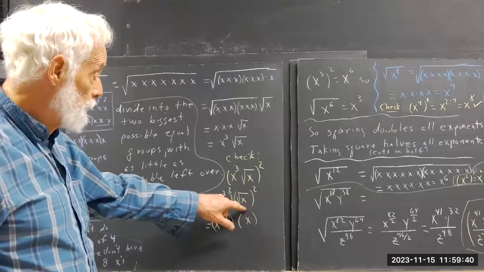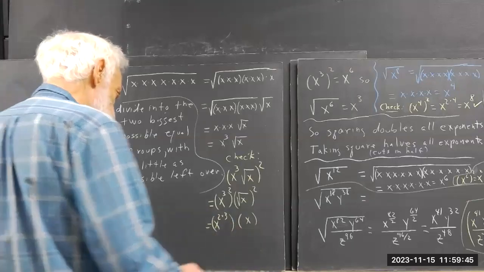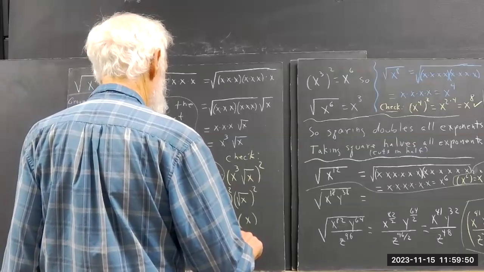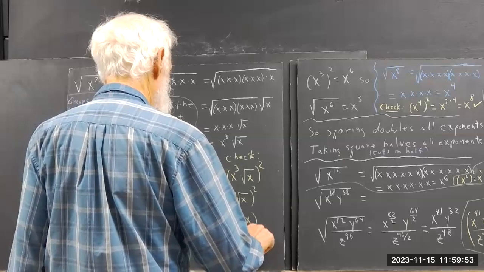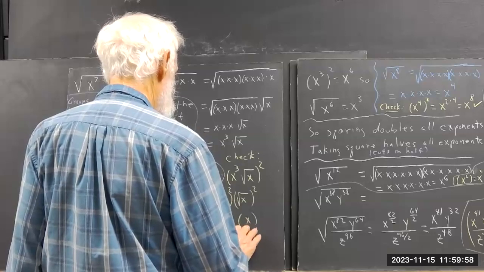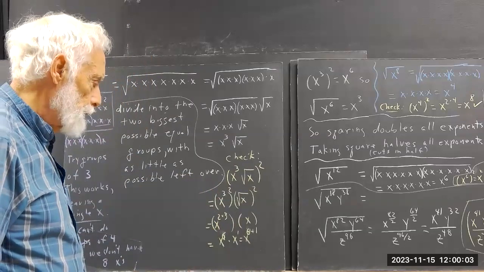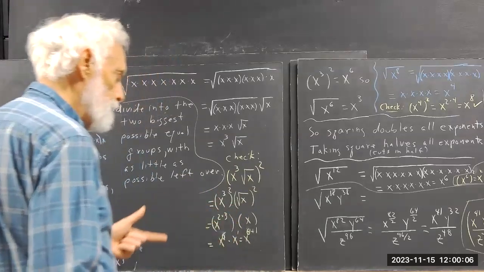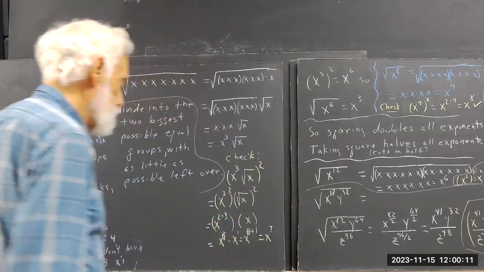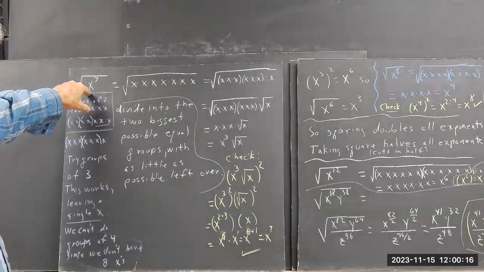The square root of x squared has to be x, assuming x is positive, we'll worry about that later. So x to the 2 times 3, well, that's x to the 6. X is just x to the 1. We can write this as x to the 6 plus 1, which is x to the 7. That checks because it matches what we were taking the square root of.